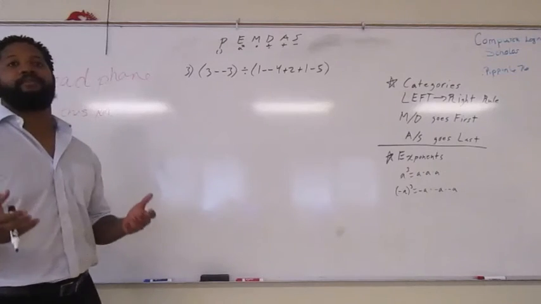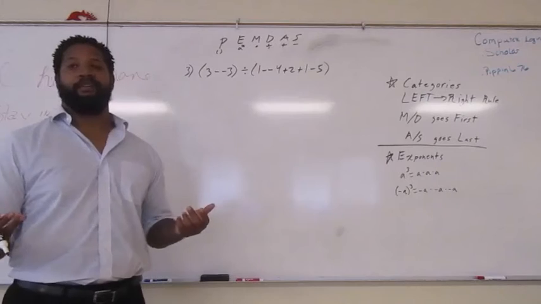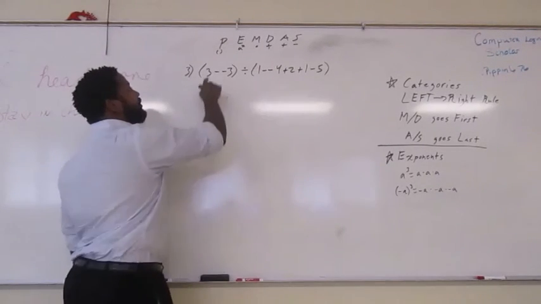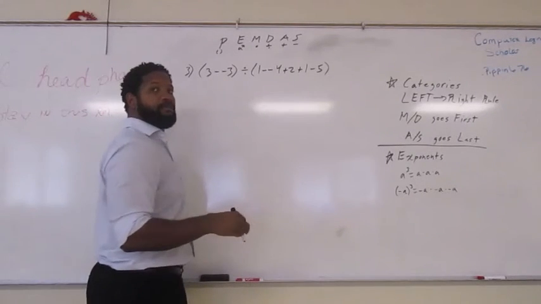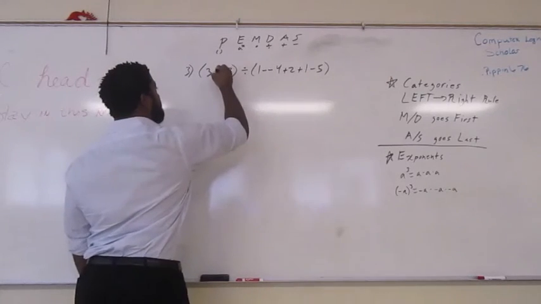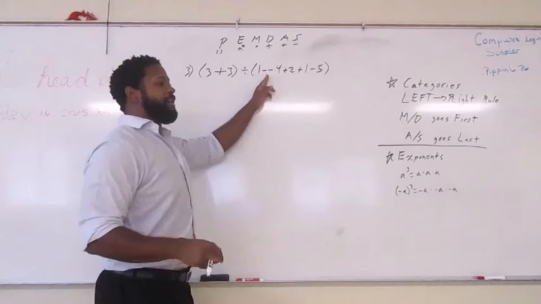Get rid of the parentheses first. When you go inside the parentheses, what starts over all over again? PEMDAS, okay? So you're subtracting a negative right here, right? What happens? It turns into a plus sign. You're subtracting a negative right here.